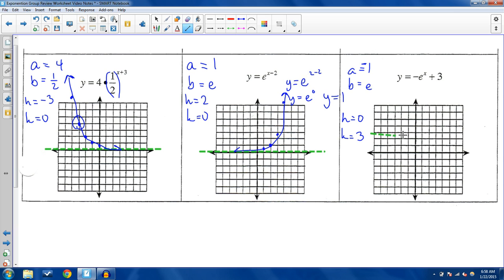K equals 3. This e represents growth. A is negative, so we will have negative growth in this fashion. My starting point is going to be 0. So at 0, I want to be 1 below my asymptote. At 0, I will be 1 away.